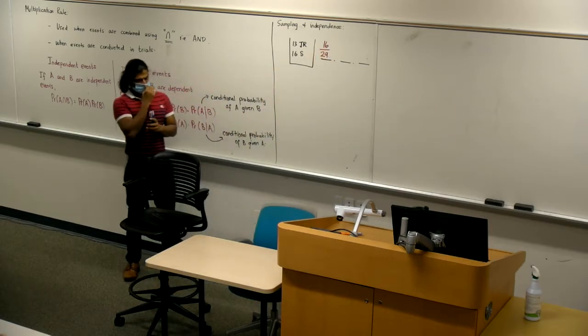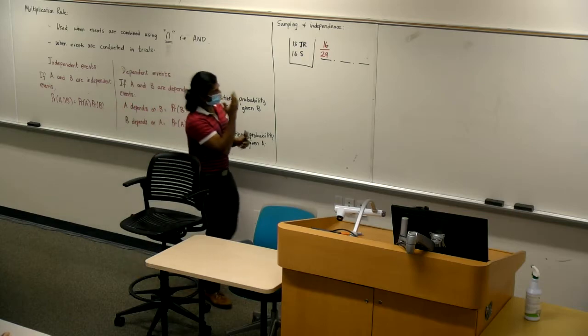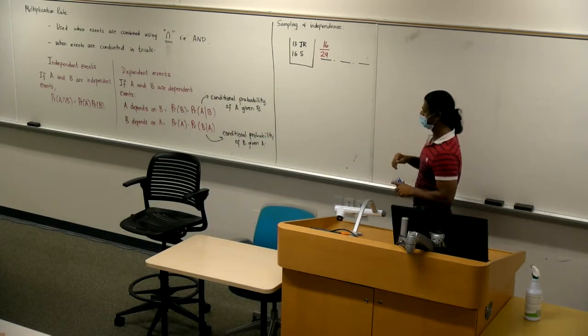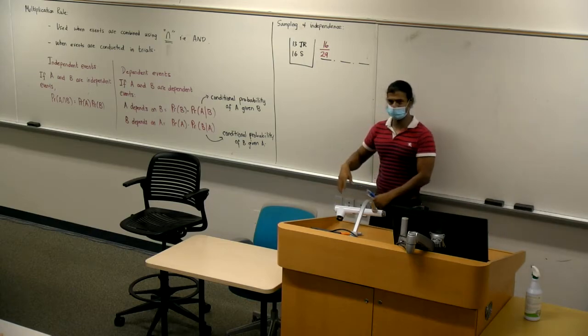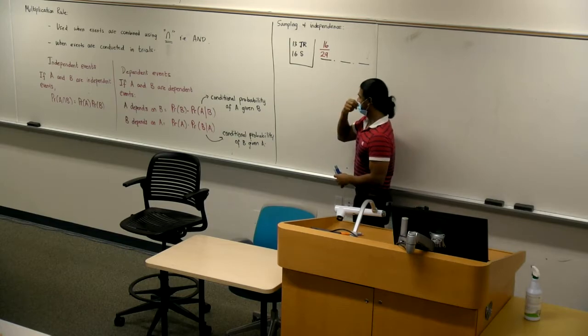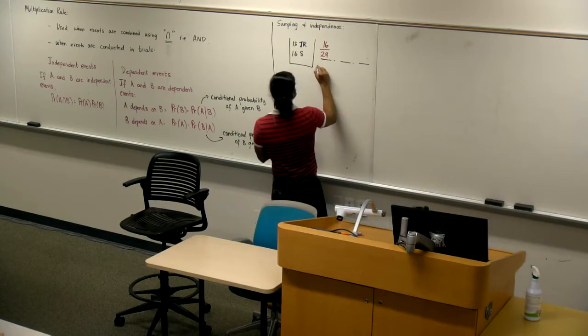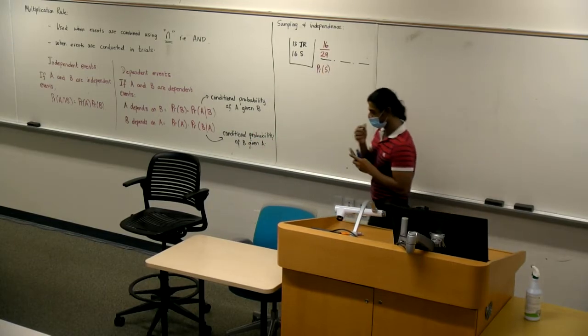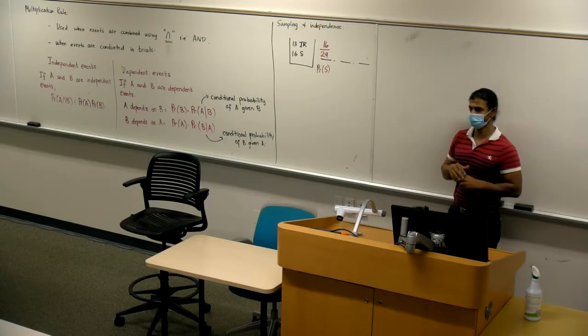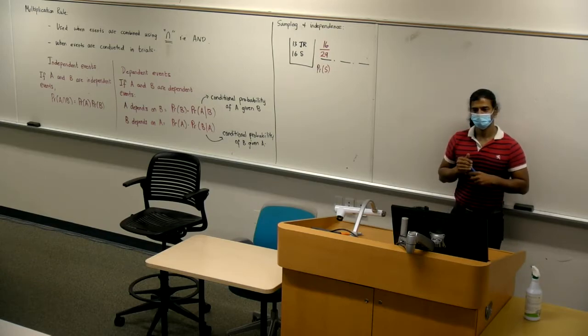Being the sweet tooth that I am, I finish the entire bag and I go for the box again, shuffle, stick my hand in, grab the next item, and I'd like to know the probability that I get Skittles again. 15 out of 28.